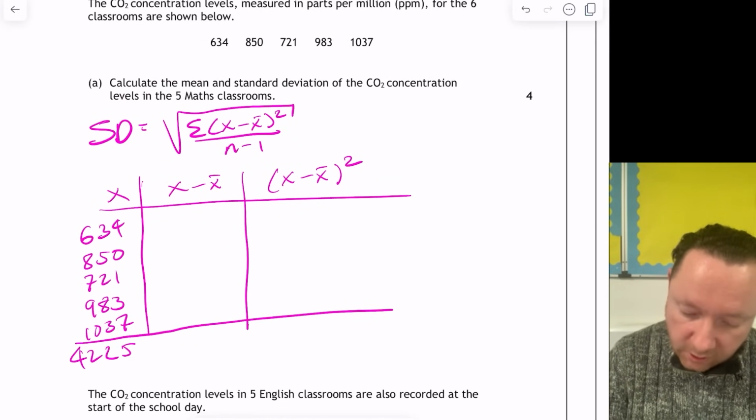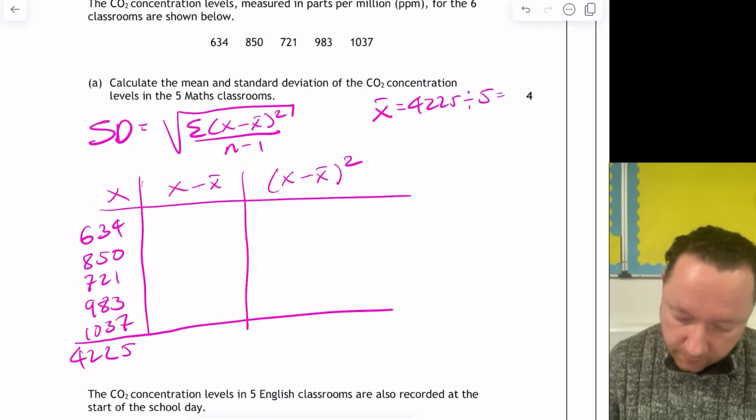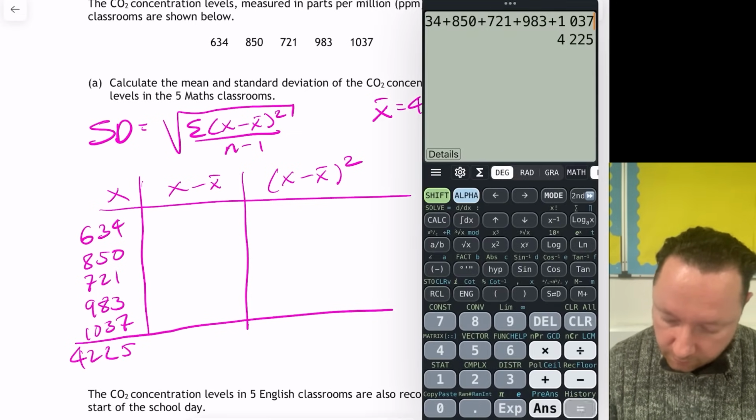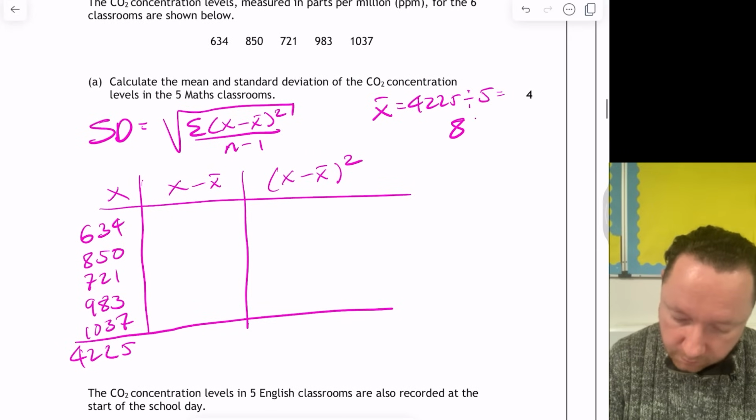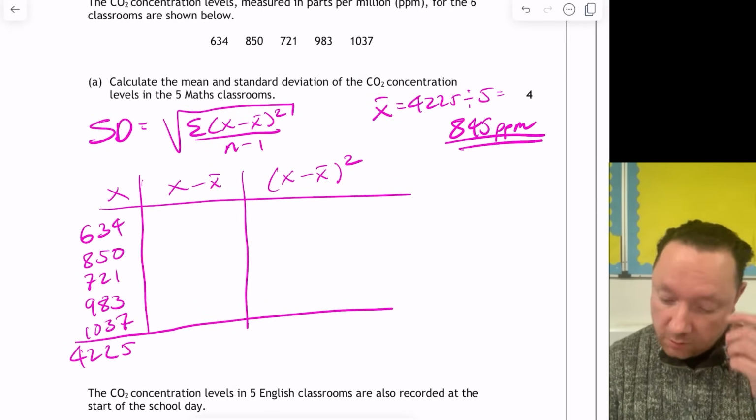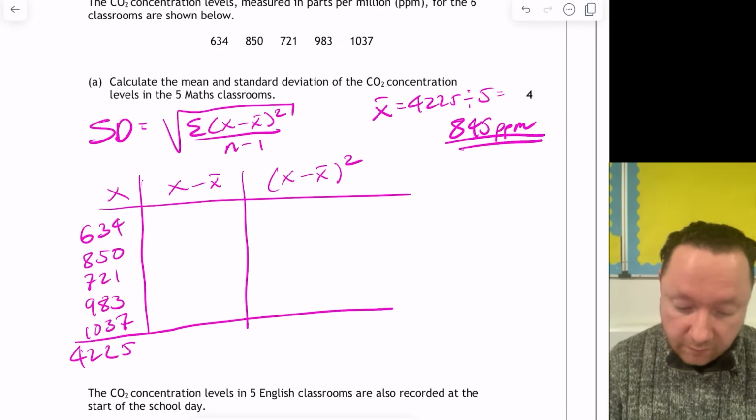So we can work out our mean straight away. That's the x bar, 4225 divided by 5, which is 845 parts per million if you want to be exact, but basically I've not been taking off marks for lack of units in mean and standard deviation.